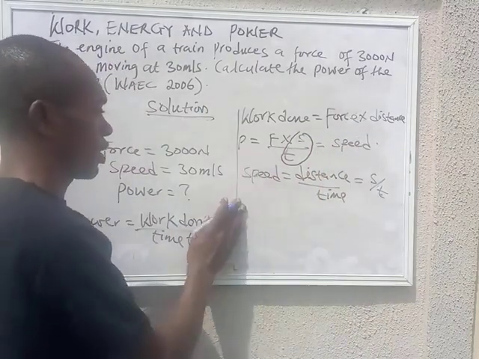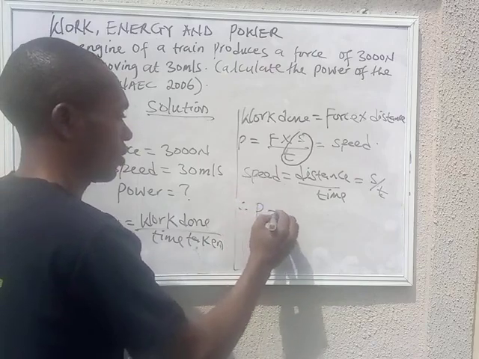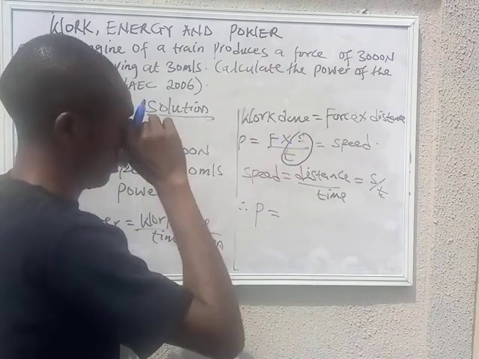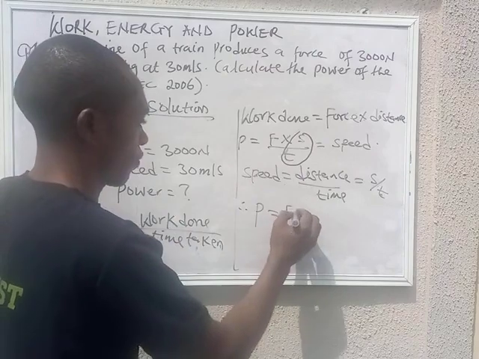So we can equally say that power, which is P, is equal to force times speed.